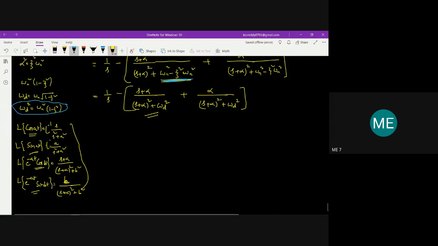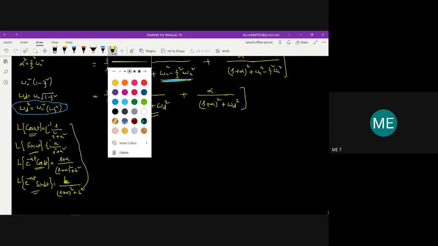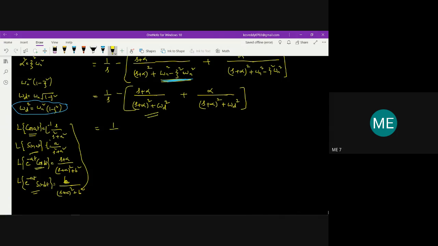Now you look at 1 by s. This one is okay because this is in the form of (s plus a) by ((s plus a) whole square plus b square), so I can write this. But here it has to be b by ((s plus a) whole square plus b square).